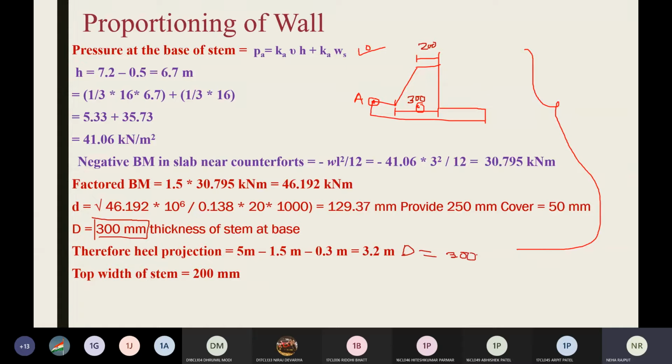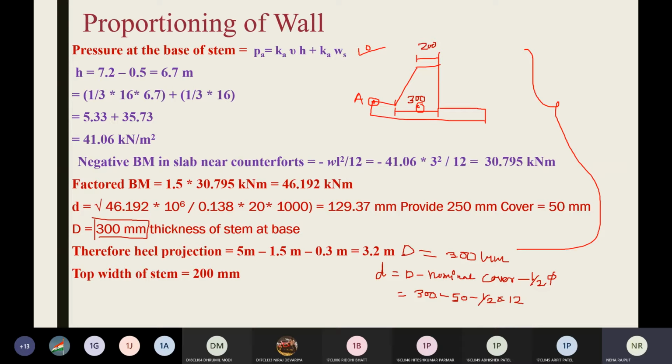This I need to convert into small d. So how to convert small d? Small d is equal to capital D minus the cover, so nominal cover or clear cover, minus half of diameter of bar. Right, so 300, cover I am taking as 50 mm, minus half diameter of bar, considering 12 mm diameter for initial condition. So 300 minus 50 minus 6.